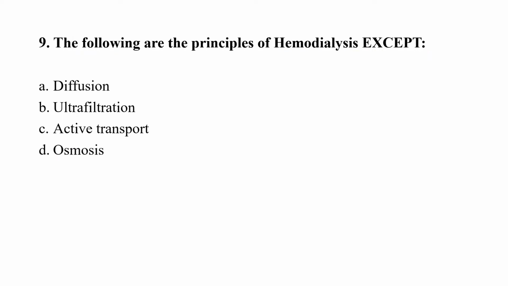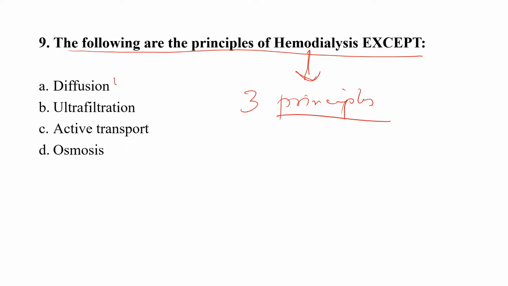Question number 9. The following are the principles of hemodialysis except: option A, diffusion; option B, ultrafiltration; option C, active transport; option D, osmosis. Hemodialysis works on three principles. Number 1, diffusion; 2, ultrafiltration; and third one is osmosis.